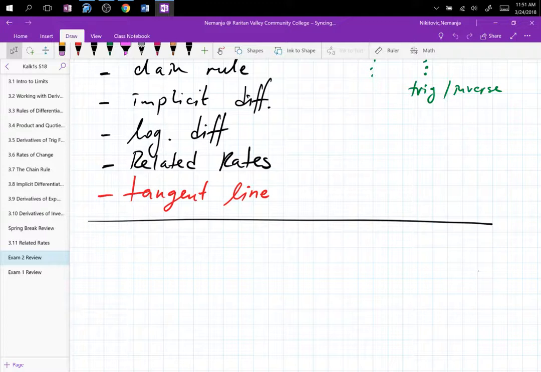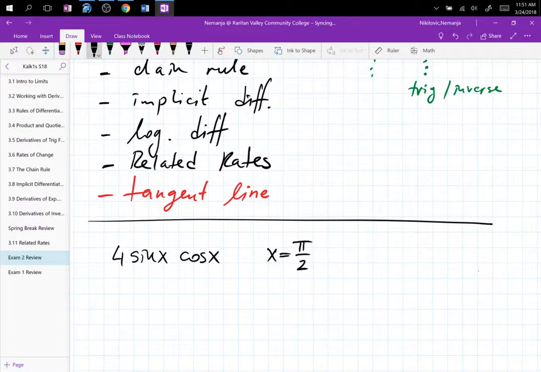What does it say? It's 4 sine of x cosine of x, where x equals 5. But what are we supposed to do? Tangent line? Okay, so sounds like a tangent line problem.